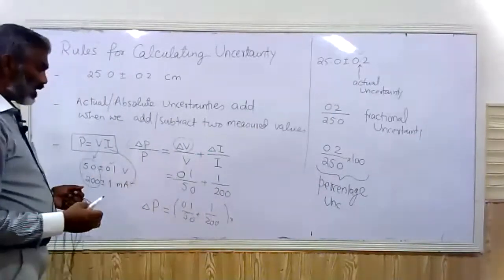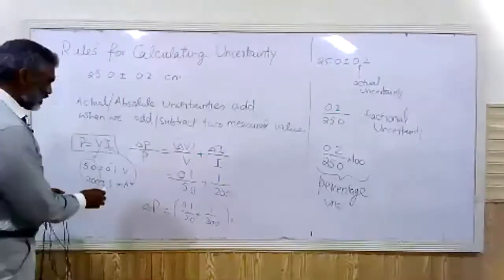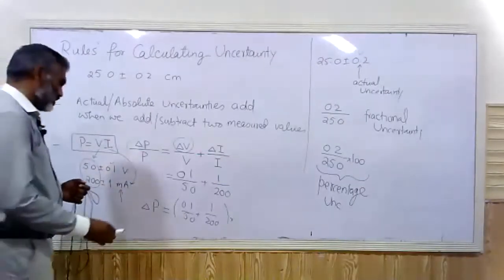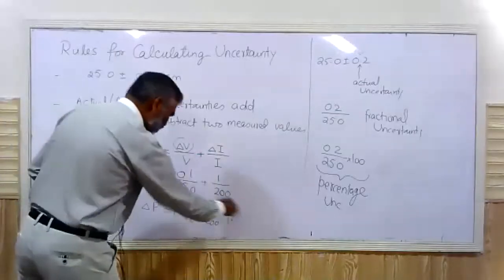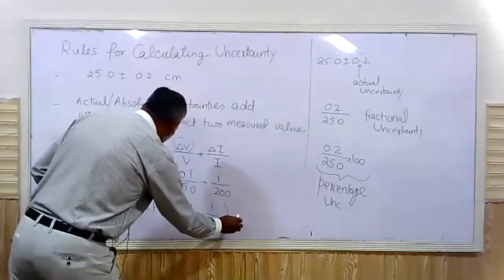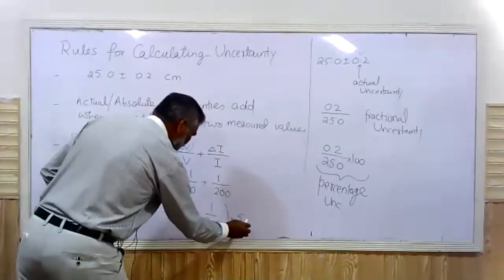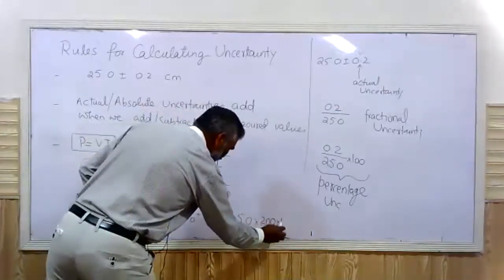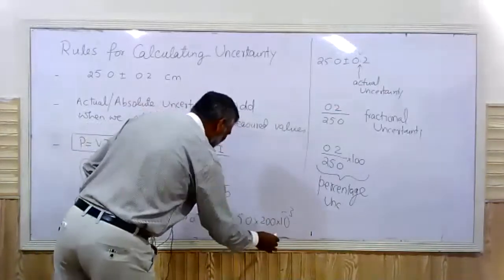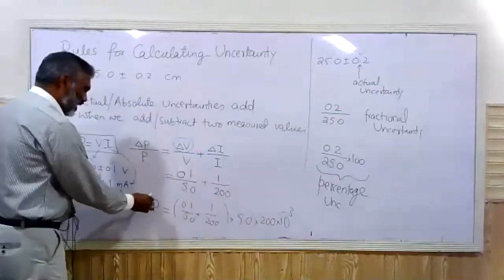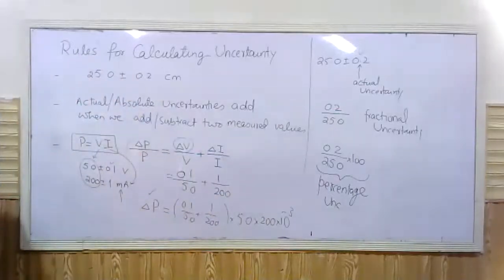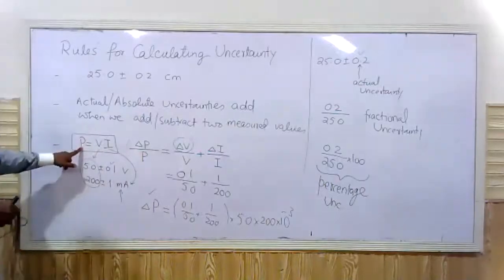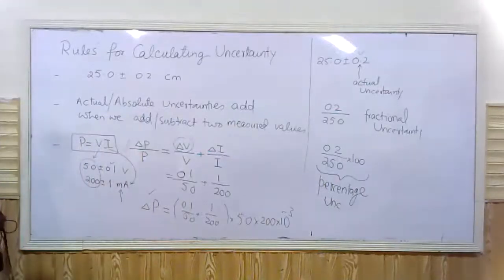When you calculate the value of P in SI units, then you have to convert this into SI units. So for this P, which goes on this side, this will become 5 into 200 milliamperes, which means 200 into 10 raised to the minus 3. So this number is the uncertainty in the final value of the power dissipated.